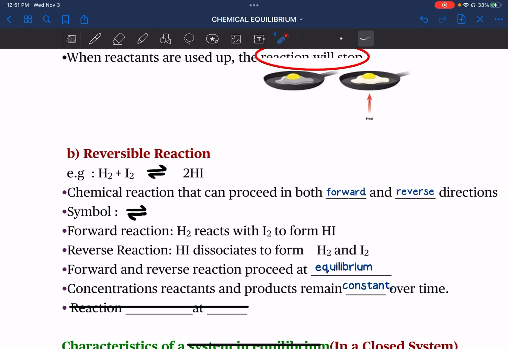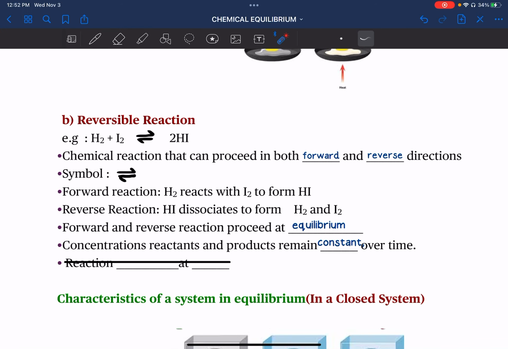So, maksudnya kat sini, hydrogen and iodine gas react together and form hydrogen iodide. So, once hydrogen iodide is formed, it can broken down into these two again. So, reaction boleh patah balik. So, the symbol we are going to use is reversible arrow. Okay. So, this is what I explained just now.